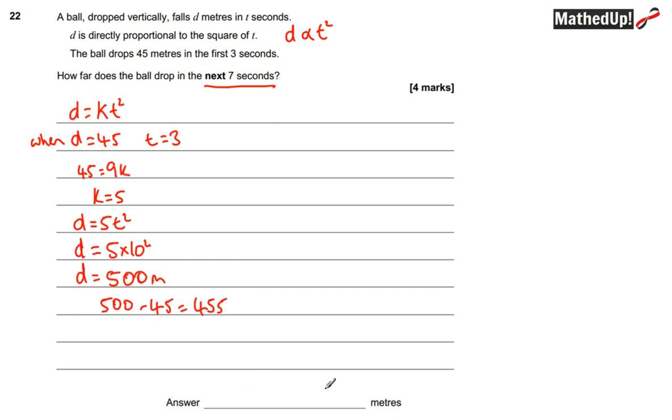So we'll write that down, 455 meters. So just to clarify what's happened, in the first 3 seconds it dropped 45 meters. We then worked out in the first 10 seconds it drops 500 meters. So it drops an extra 455 meters in the next 7 seconds.